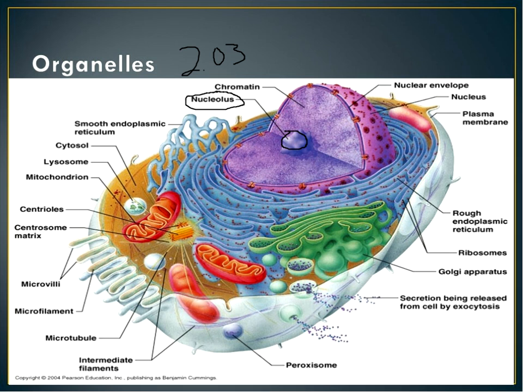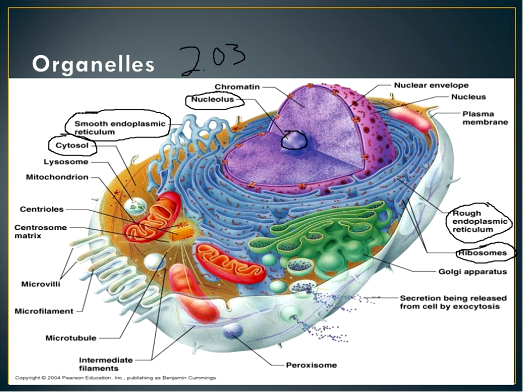The smooth ER does not have ribosomes on it, but the rough ER does. So the rough ER looks just like smooth ER, but with ribosomes on it. Rough ER makes protein, smooth ER makes lipids. Here are your ribosomes. They're the smallest organelle. They look like little dots all over the place. They make protein, just like the rough ER.